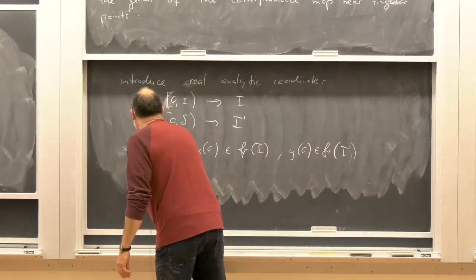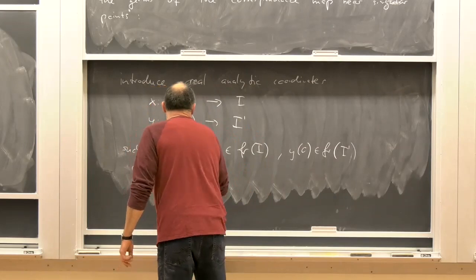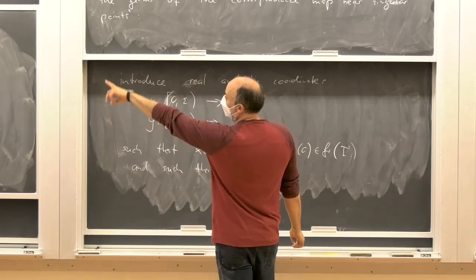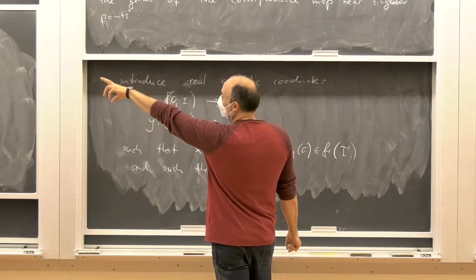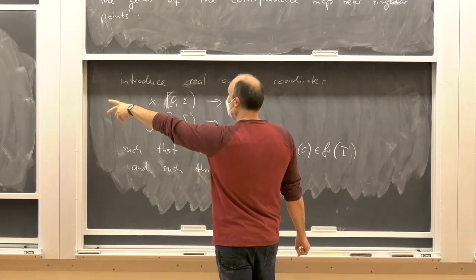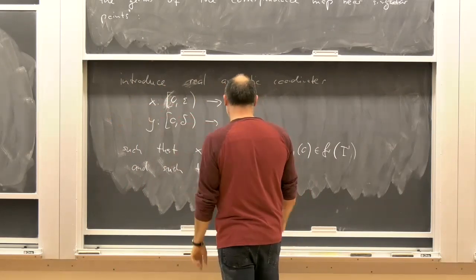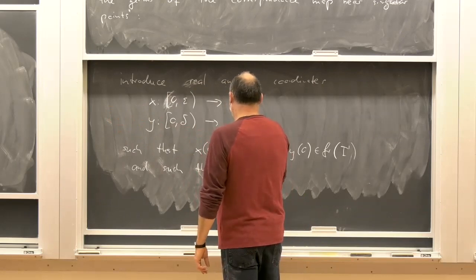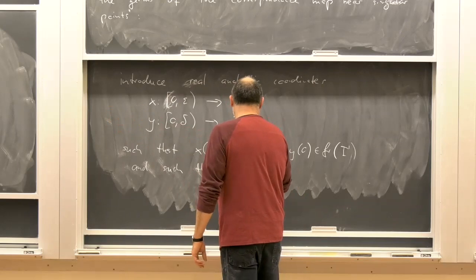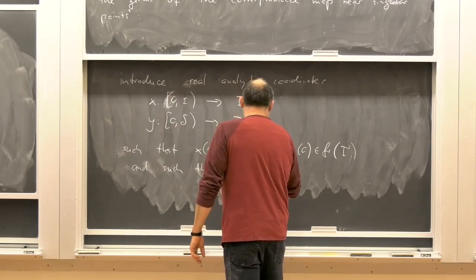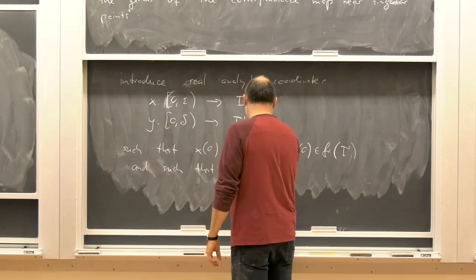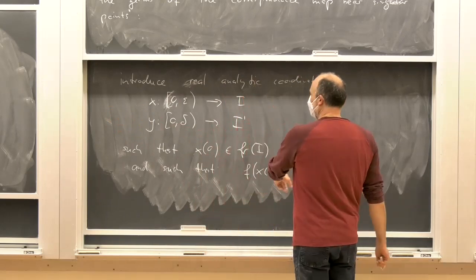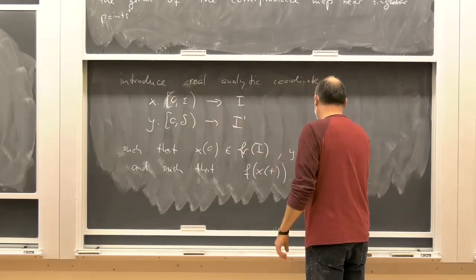And such that the image of X is the orange interval on the top, and the other one is the orange interval at the right bottom. In other words, if I look at a point X of t that's in the orange interval, I apply my F to it, I get a point in the other orange interval, and that should be Y of t.